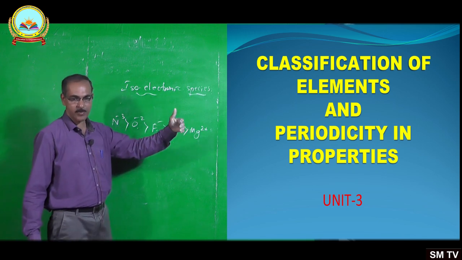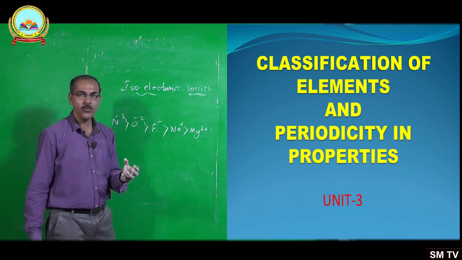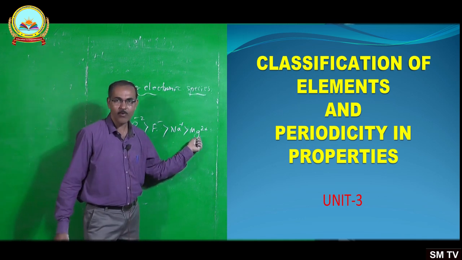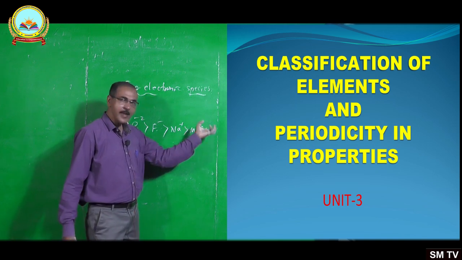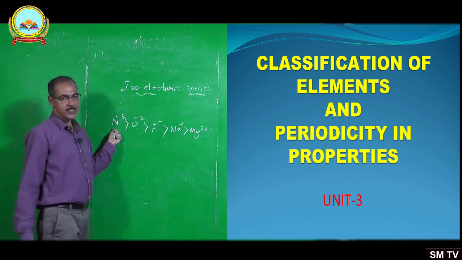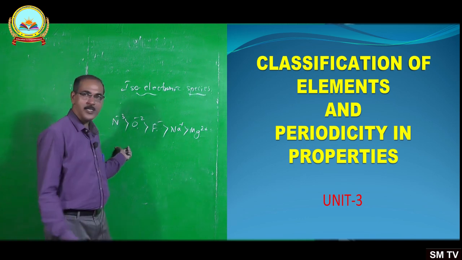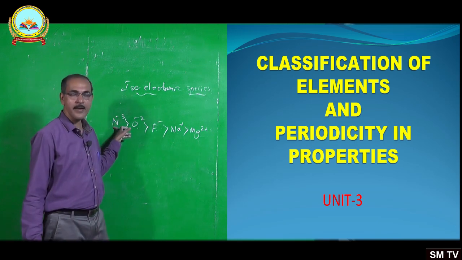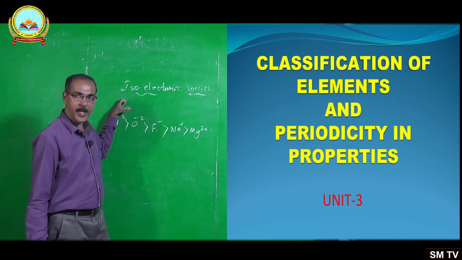Effective nuclear charge comes from the positive charge present in the nucleus, which is due to the protons. Mg2+ has atomic number 12, so 12 protons, and it holds the 10 electrons very tightly. Whereas in case of N3-, the number of protons is 7 and the number of electrons is 10. So, 7 protons have to attract the 10 electrons.